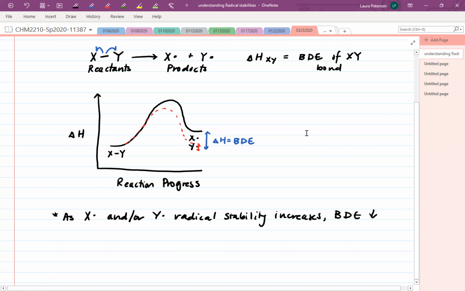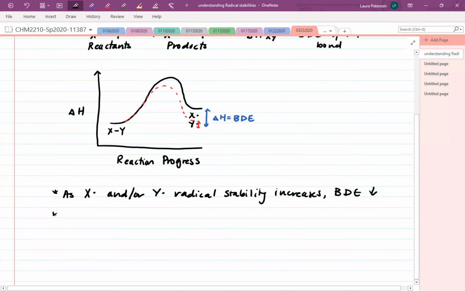In a few minutes, we're going to look at a series of carbon-hydrogen bonds and their bond dissociation enthalpies, and we'll be able to compare the BDEs to get at the radical stability of the various carbon radicals. Then we can make some conclusions about what factors or structural features of the molecule control the radical stability. There's one other point that we should make here, and that has to do with the strength of the XY bond.